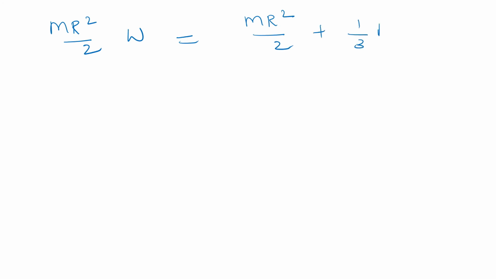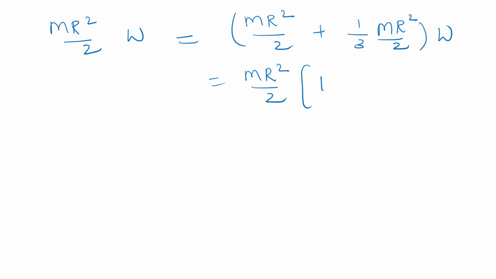So now substituting I1, nothing but m r square by 2, into omega is equal to m r square by 2 plus 1 by 3 m r square by 2 of omega 2. Here taking m r square by 2 as common, the remaining is 1 plus 1 by 3 of omega 2.